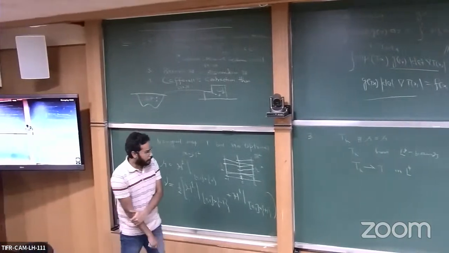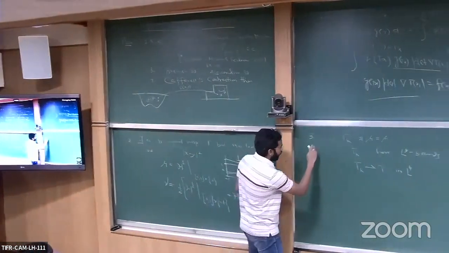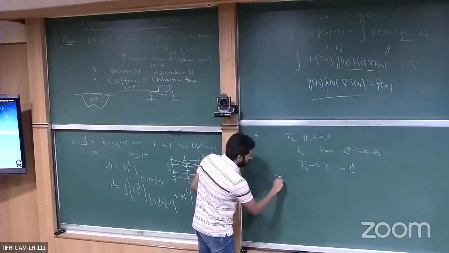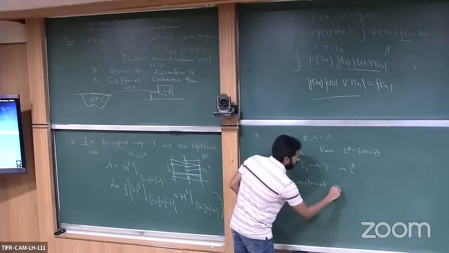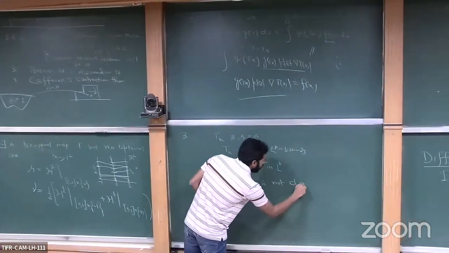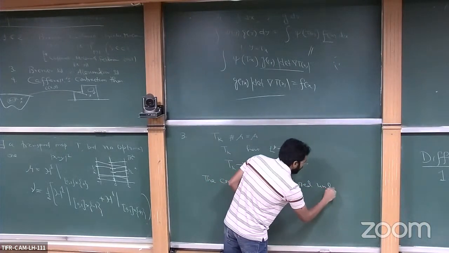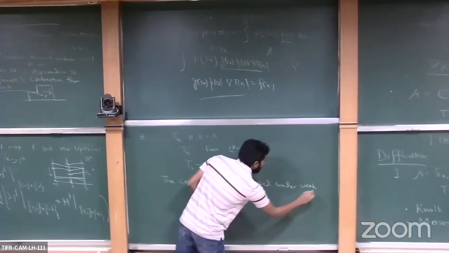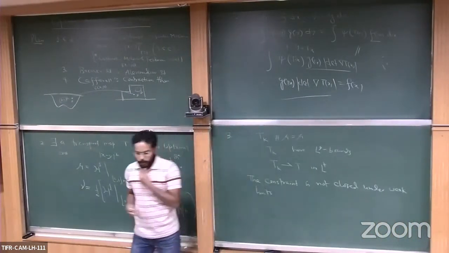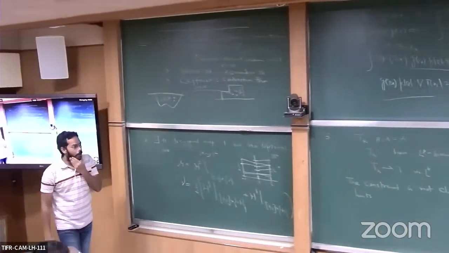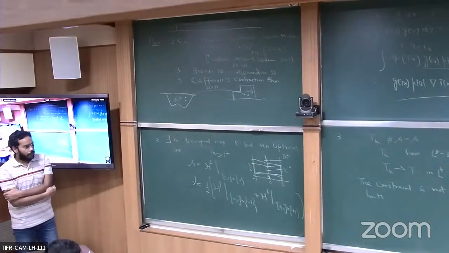There are examples. So basically, the third difficulty is the constraint is not closed. Therefore, the standard direct method in calculus of variations doesn't apply here.